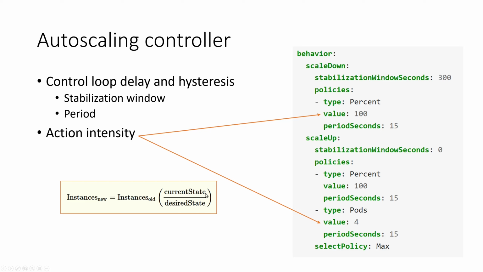So if the current state of the system, CPU utilization for example, is higher than the target CPU utilization, then this ratio will be larger than 1, and we're going to create instances. So instances new will be larger than instances old, and vice versa. If the current CPU utilization is lower than the desired state, then this ratio will be less than 1, and the new number of instances might be lower than the current number of instances.